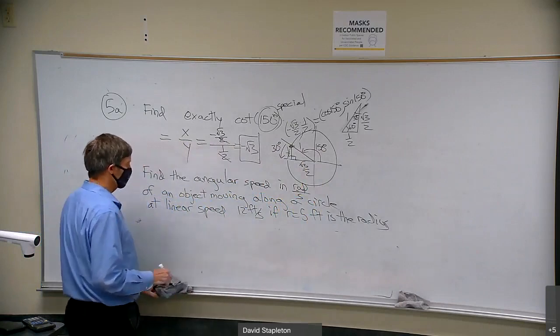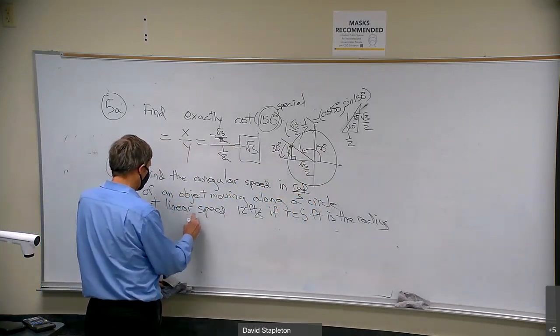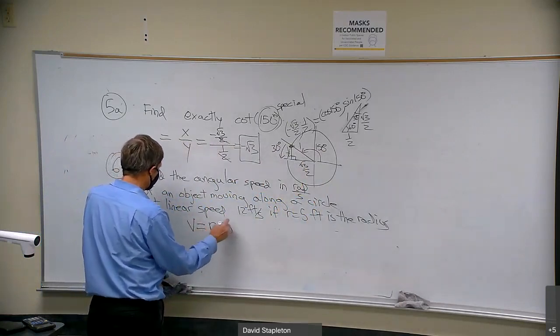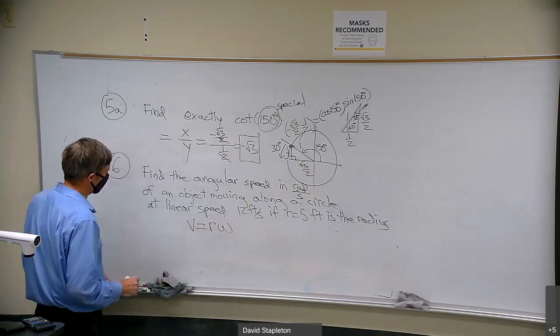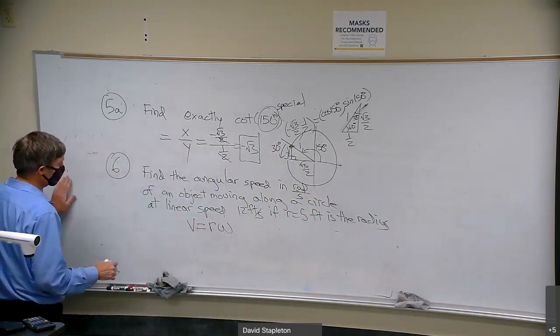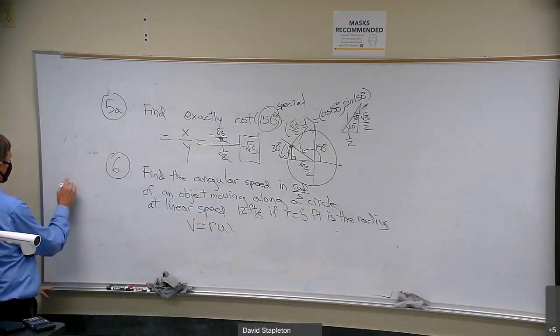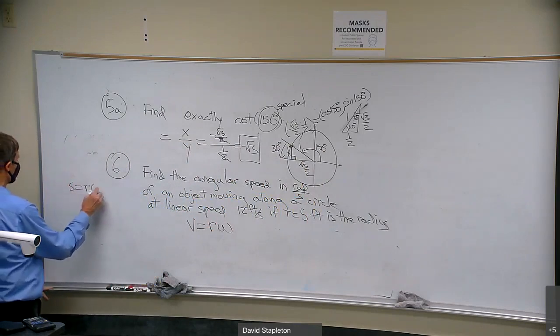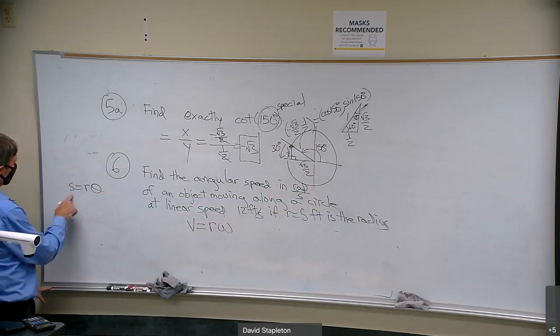You just have to memorize the formula. V equals r omega. Once again, one thing I like about mathematics, if you can't remember that, you can figure it out. This one follows naturally from that basic equation, s equals r theta, right? Arc length equals radius times angle subtended.